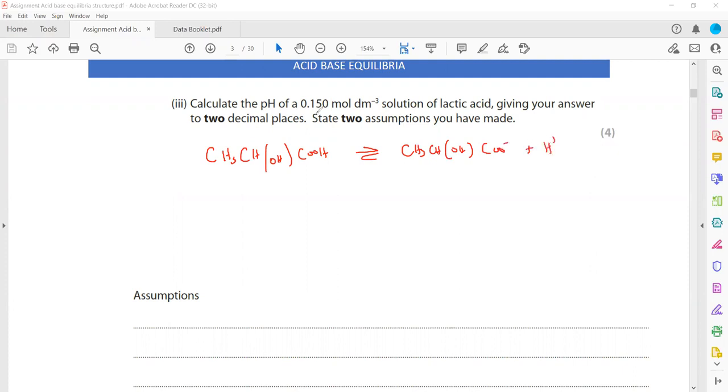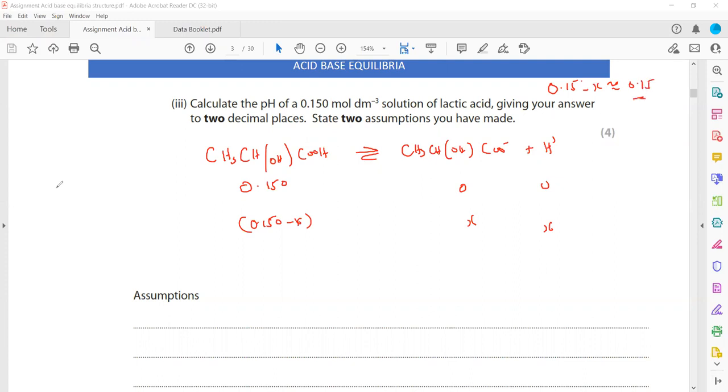In the beginning, the concentration will be 0.150, and this will be 0 and 0. At equilibrium, if this is X, the reactant will be 0.150 minus X. But we assume X is very small, so 0.150 minus X is approximately equal to 0.150.